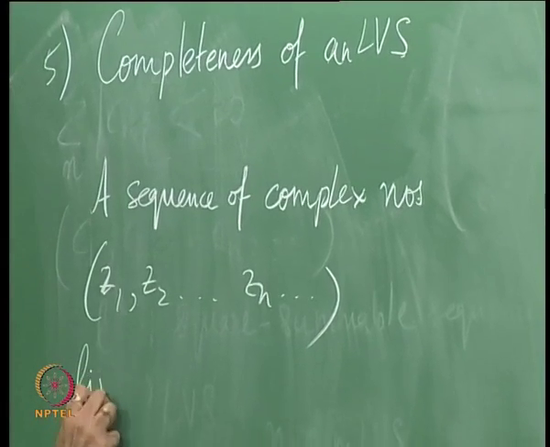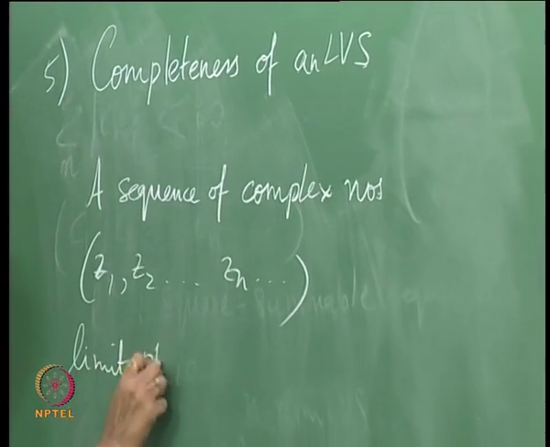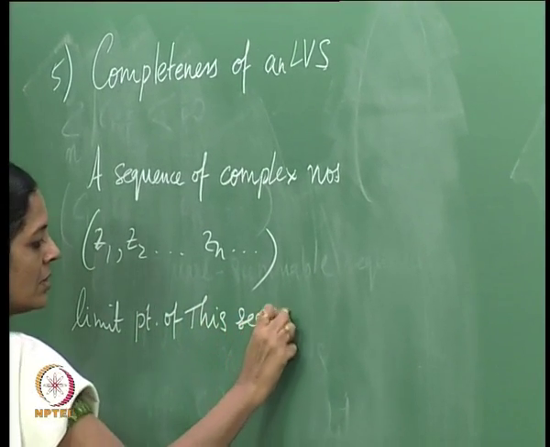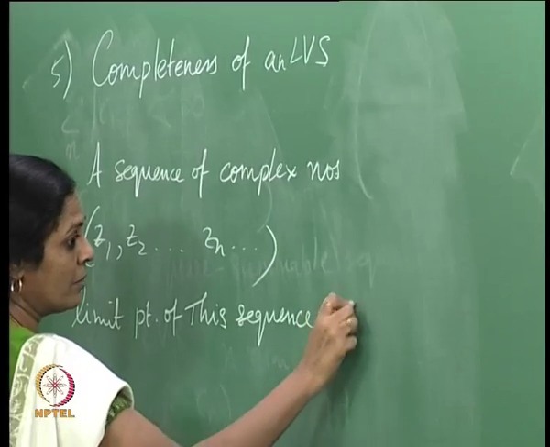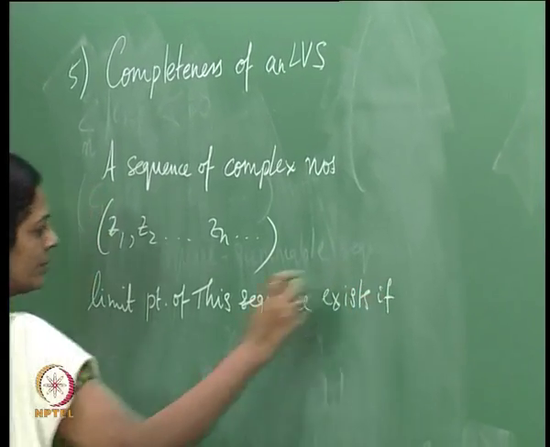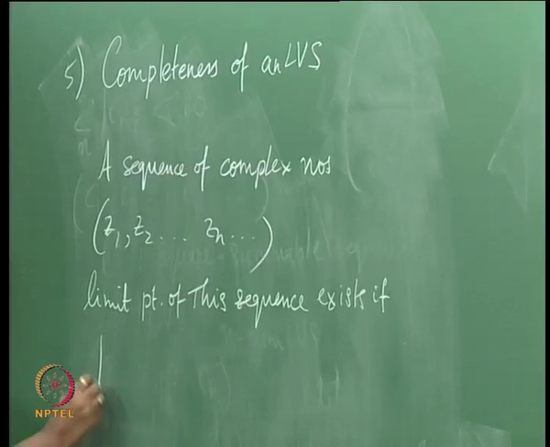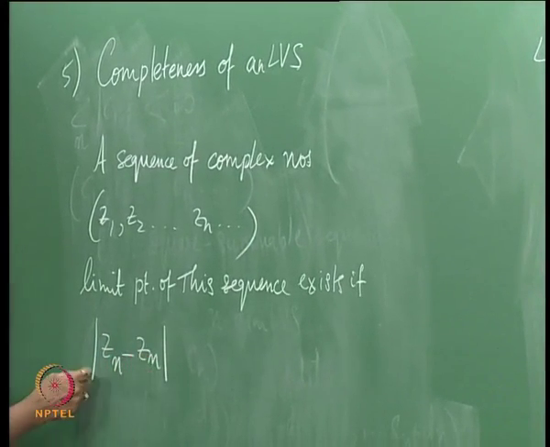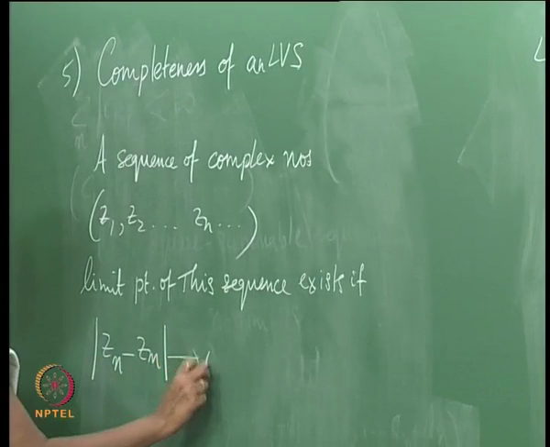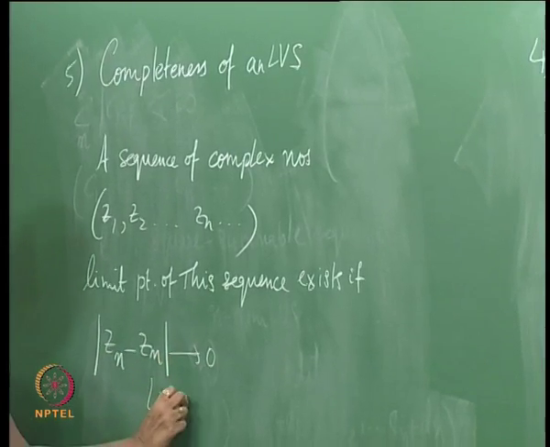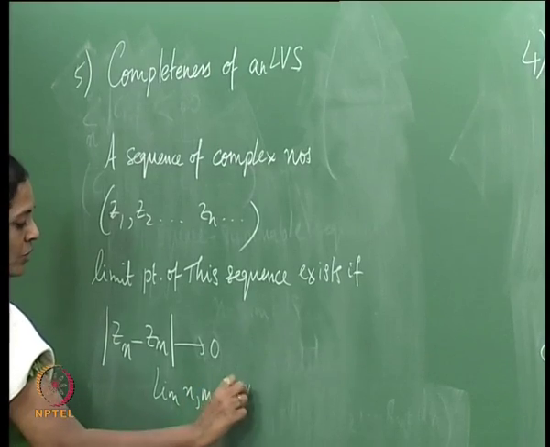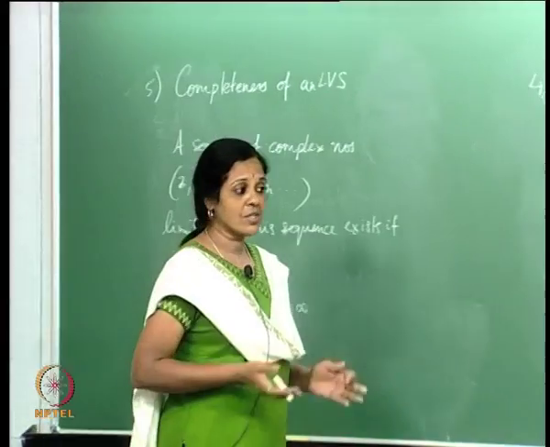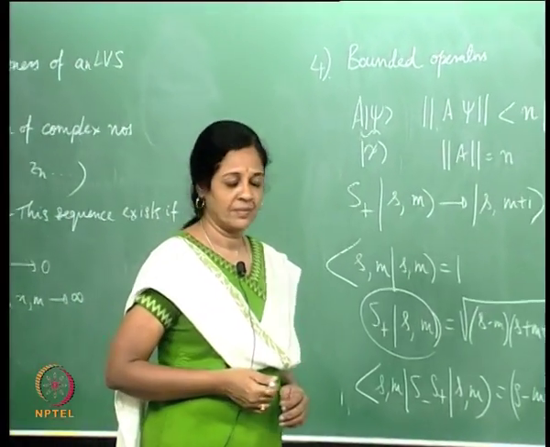The limit point of this sequence exists if modulus of Zn minus Zm goes to 0 in the limit n, m going to infinity. Such a limit point need not exist for an infinite sequence.